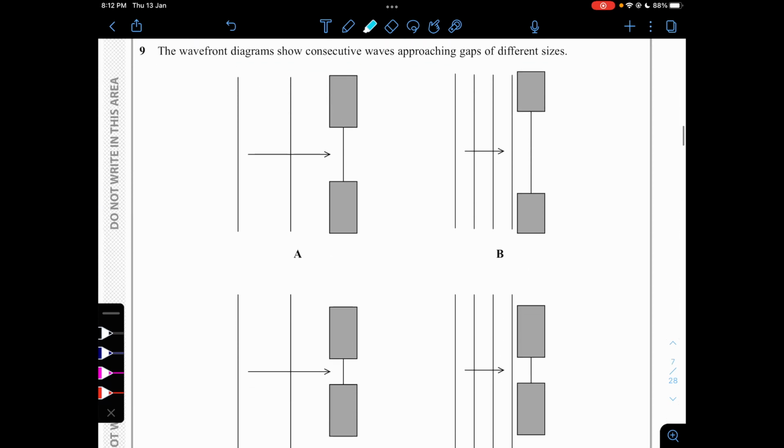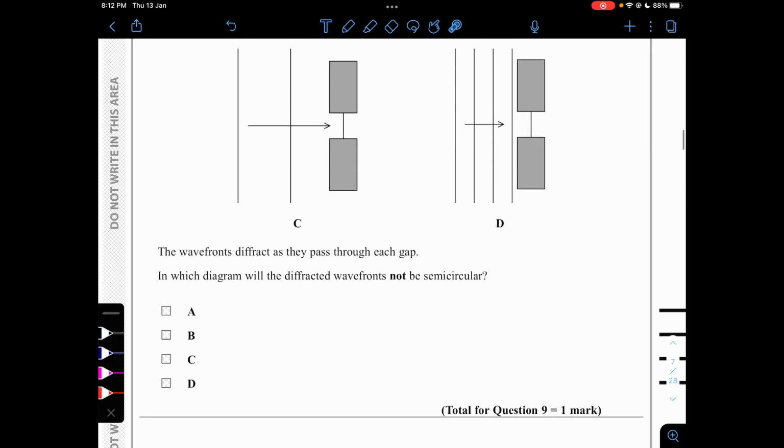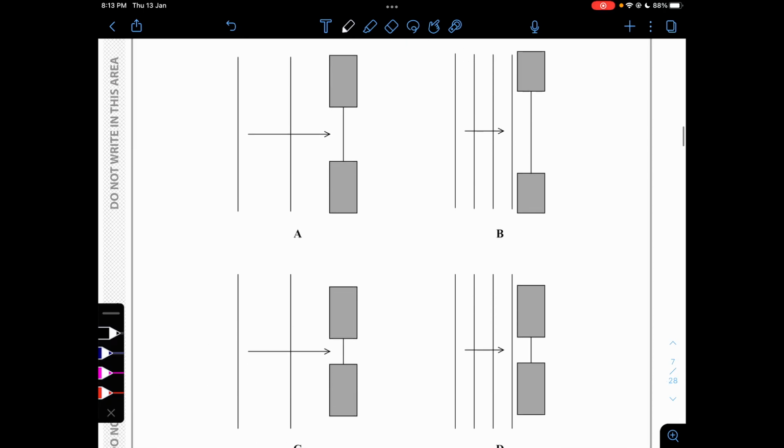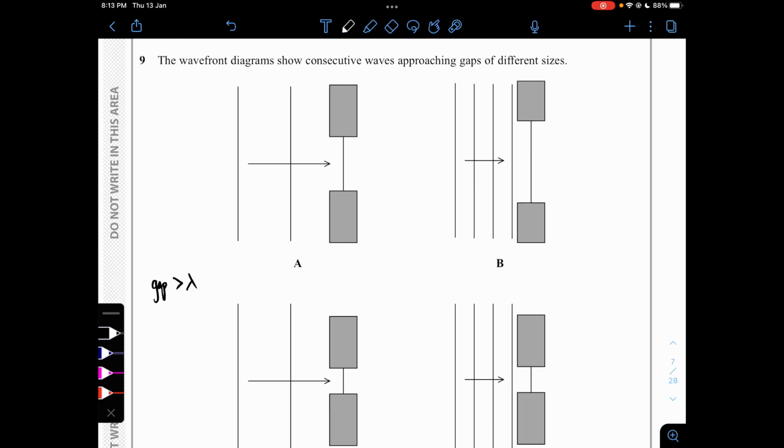So we have wave fronts showing consecutive waves approaching gaps of different sizes. The wave fronts diffract as they pass through each gap. In which diagram will the diffracted wave fronts not be semicircular? They're always semicircular unless the gap is larger than the wavelength.